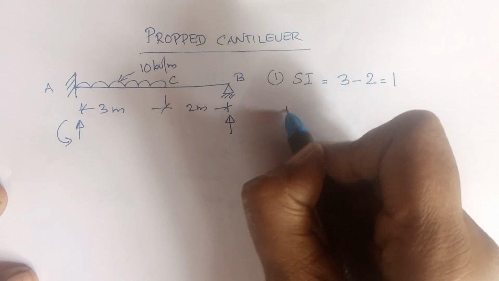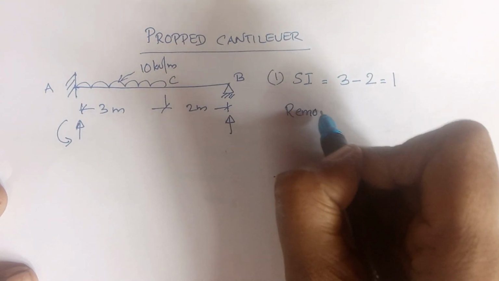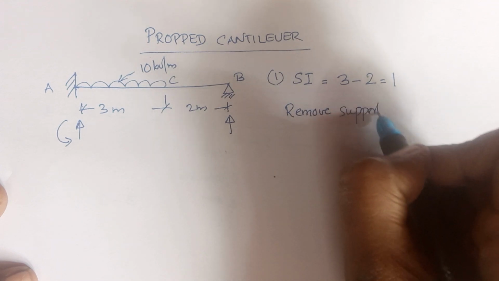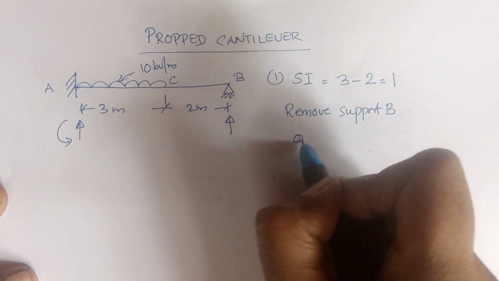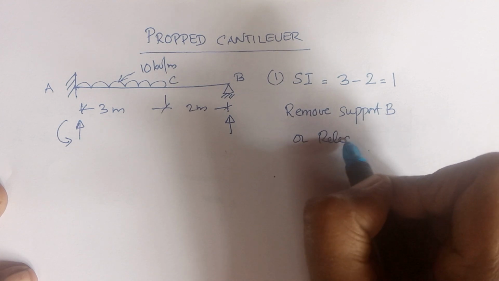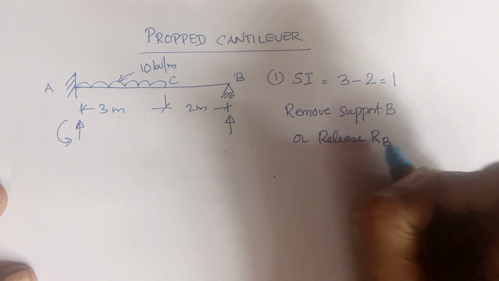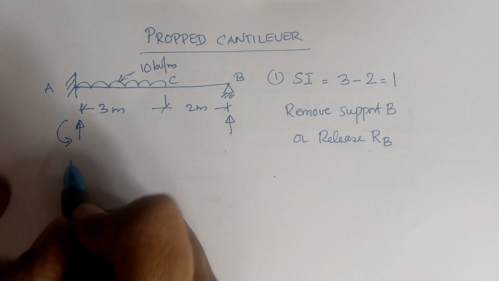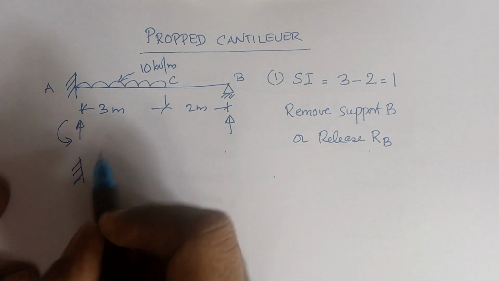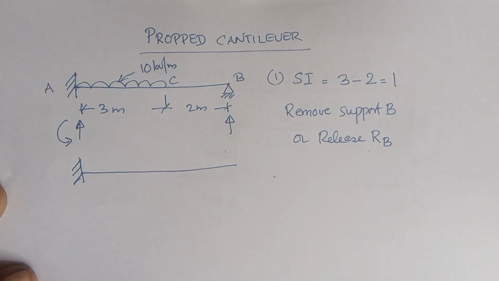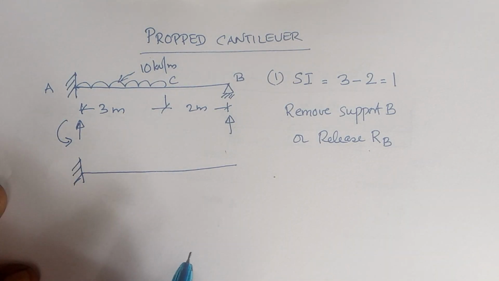So we have to remove support B. Or another way is we release one redundant, that is release the reaction at support B and get the primary structure. So the primary structure is, after removing this hinge, we get a cantilever structure.